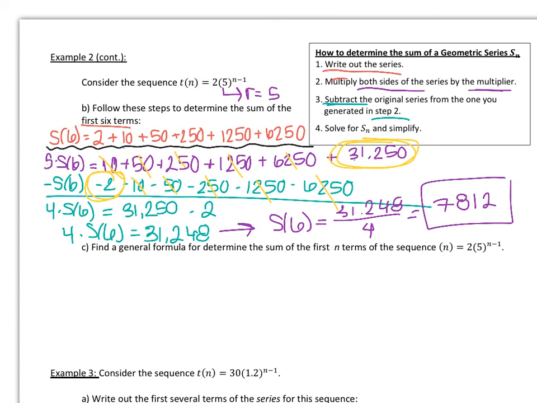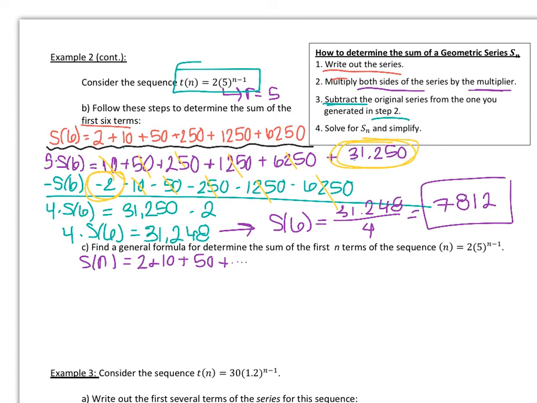We're going to follow the same steps, but instead of 6 terms, I'm going to write out the series up to the nth term. The first thing is I just want to reiterate what sequence generates our series, and that's the one I just circled up above. So when I'm writing out the sum of the first n terms, that's just listing out 2 plus 10 plus 50 plus all the way up to the nth term.